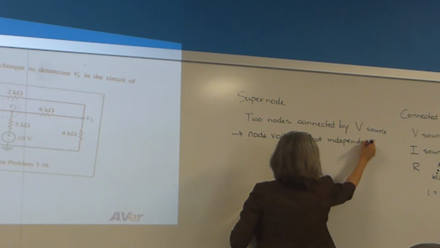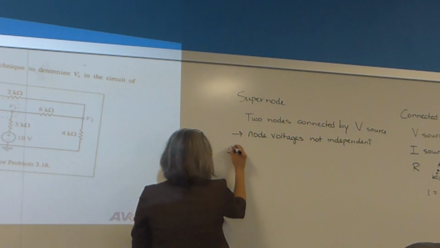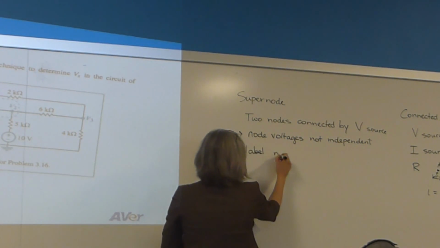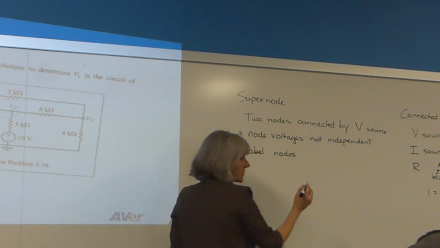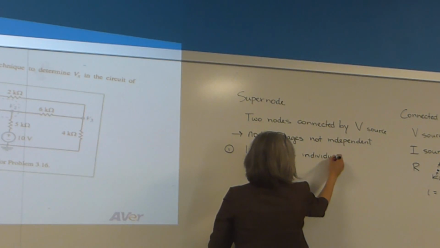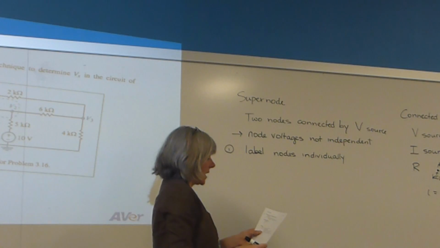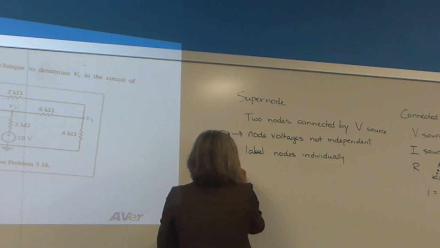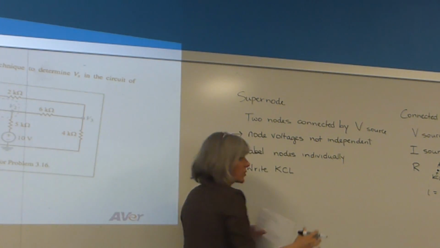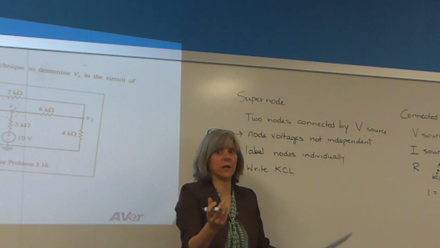So here's our process. We're just going to tweak our process a little bit. The first thing is, we're going to label the nodes like we have been. So label them individually, V1, V2, VA, VB. And then we're going to write KCL equations, treating the whole double node as one node.